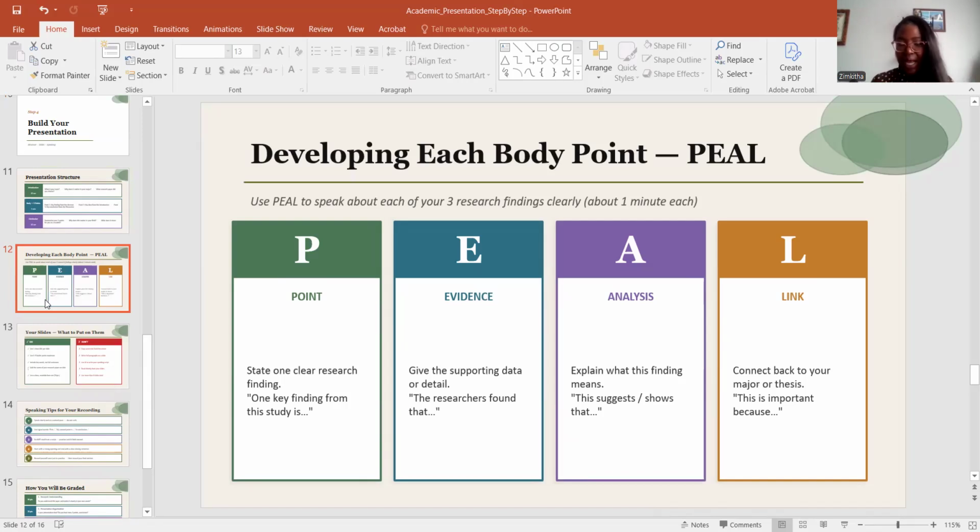Look at what I'm doing right now. You point, okay, state one clear research finding, give support for that data, which is the evidence. Then you're going to look at the analysis, explain what the finding means, and then you link it, connect it back to the major thesis of the entire research paper, okay?